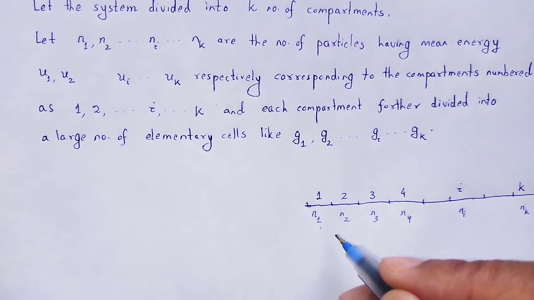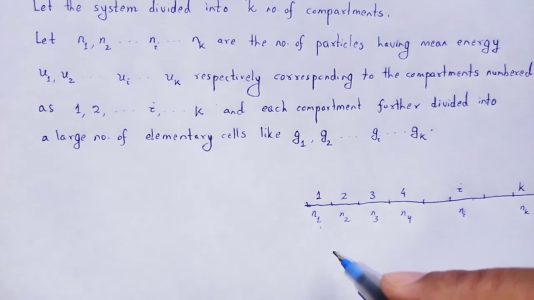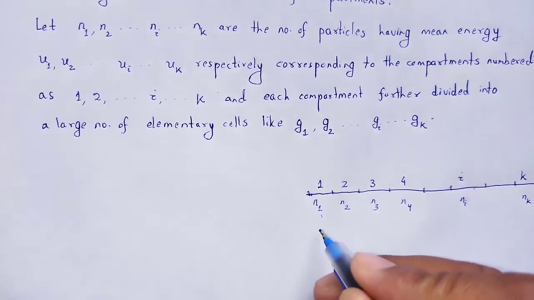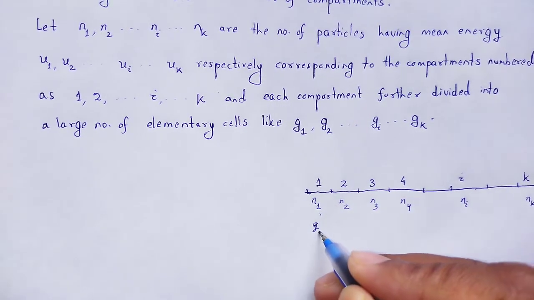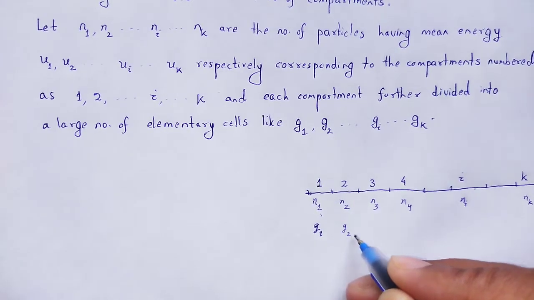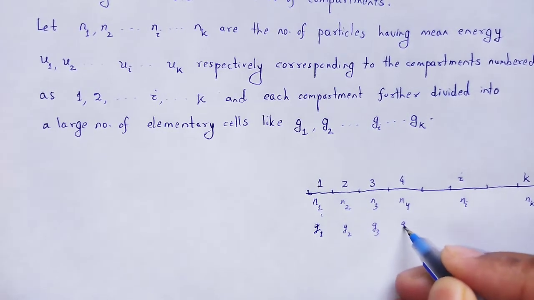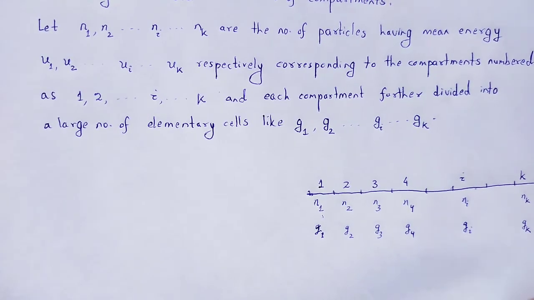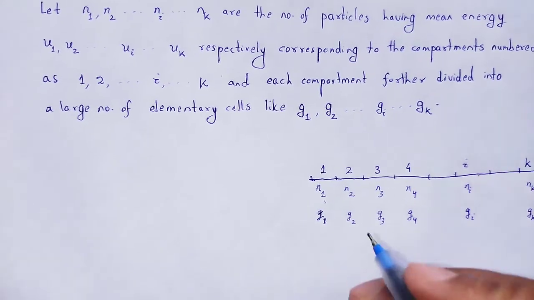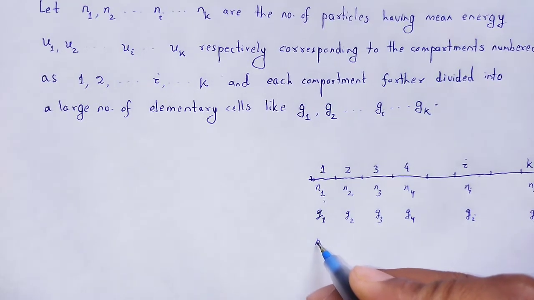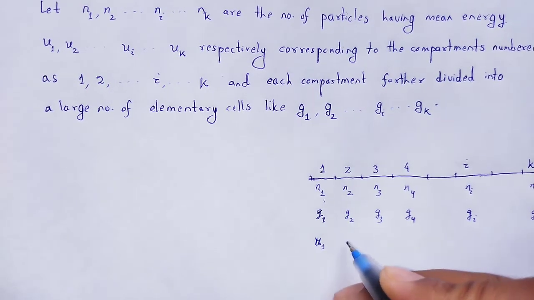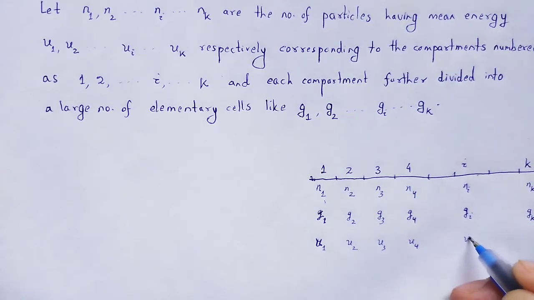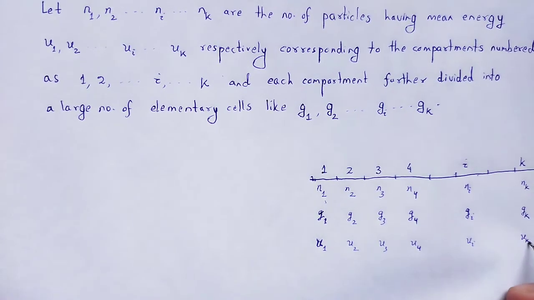These compartments are further divided into a large number of elementary cells. These are G1, G2, G3, G4, Gi and Gk, and these particles have mean energies u1, u2, u3, u4, ui to uk.